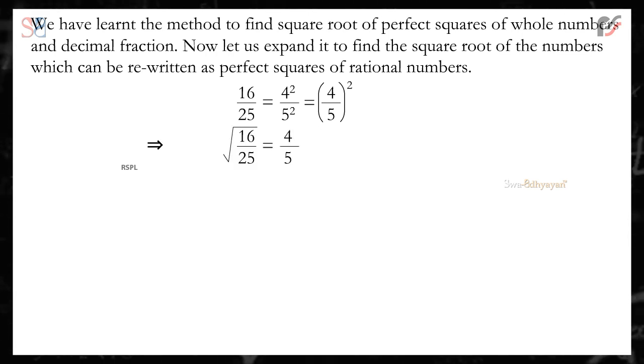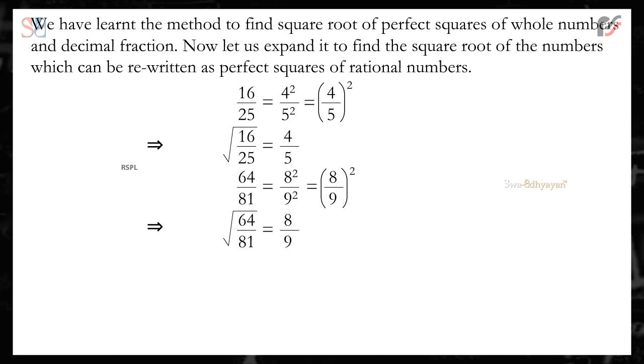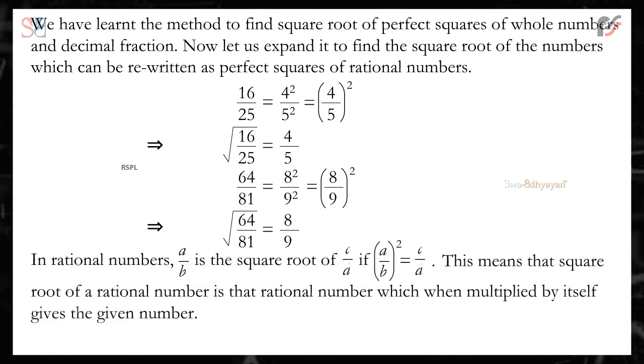This implies square root of 16 by 25 is equal to 4 by 5. 64 by 81 is equal to 8 square by 9 square, which is equal to 8 by 9 whole square. This implies square root of 64 by 81 is equal to 8 by 9.